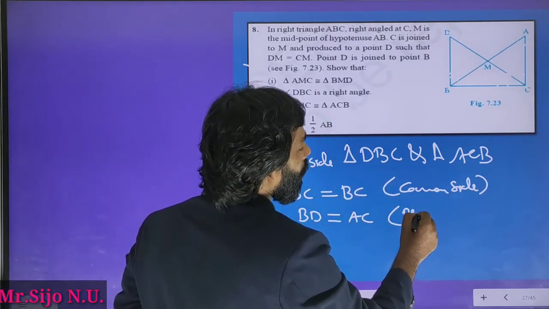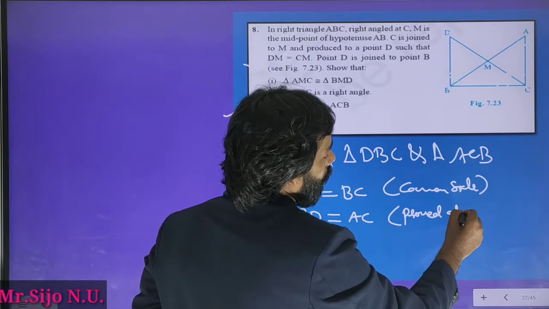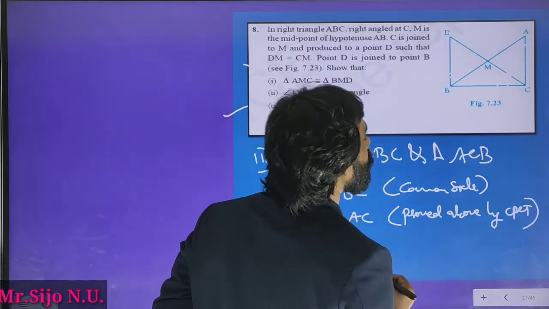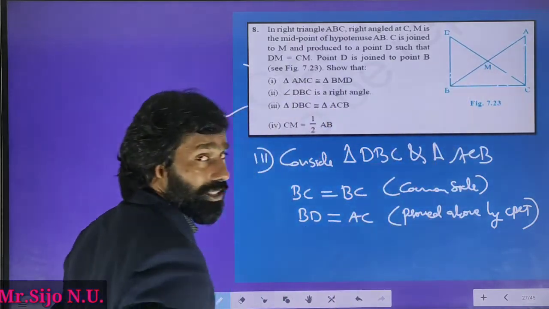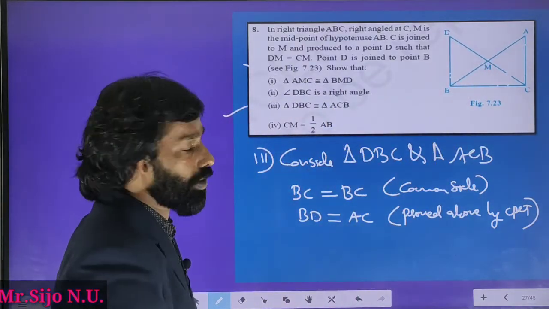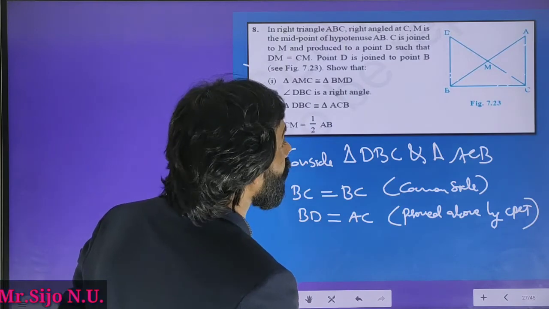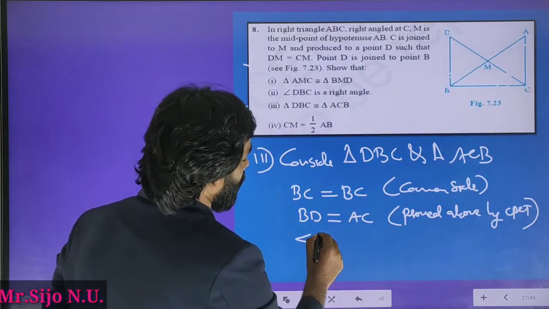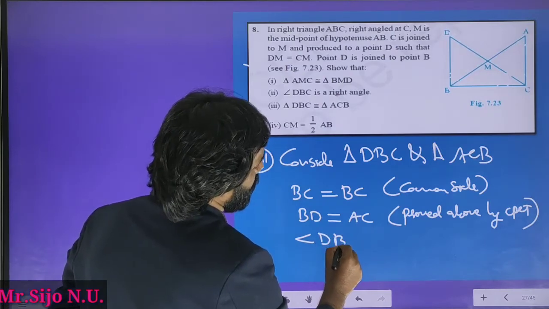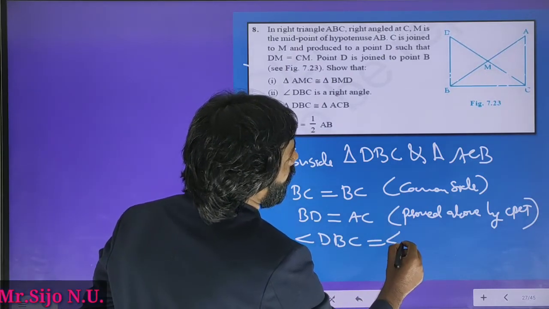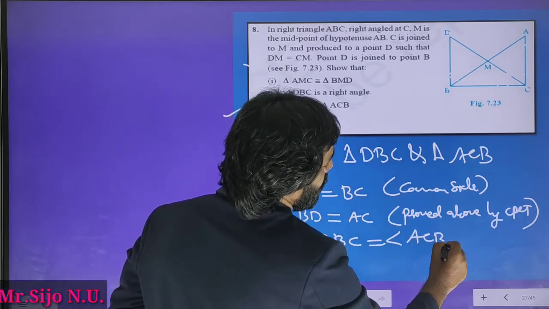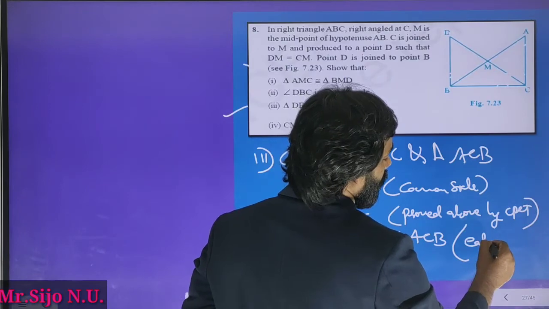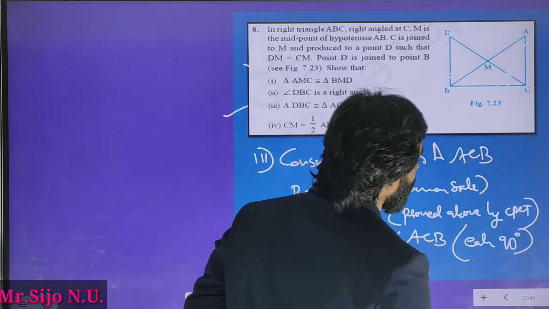So proved above by CPCT. We proved these two triangles are congruent, so by CPCT the corresponding sides are equal. One angle we can take as DBC. The angle DBC equal to angle ACB. What is the reason? Just now we proved each is 90 degree.